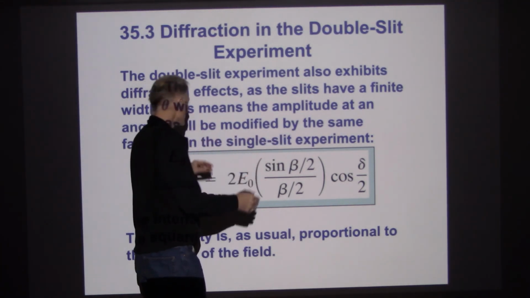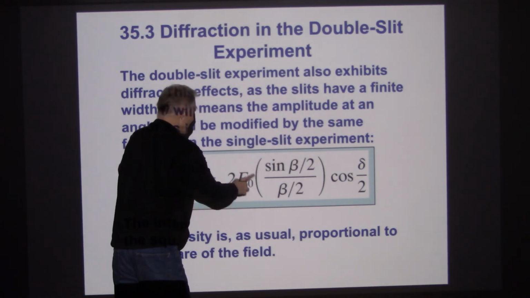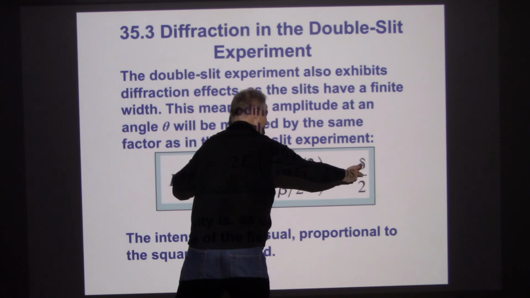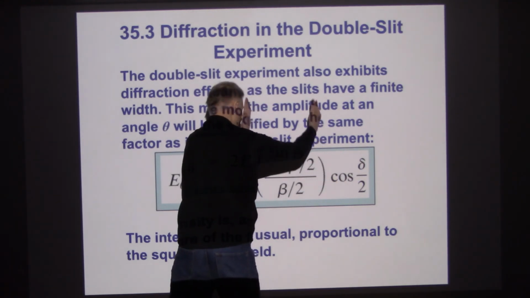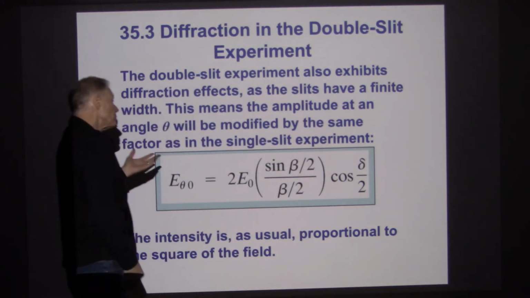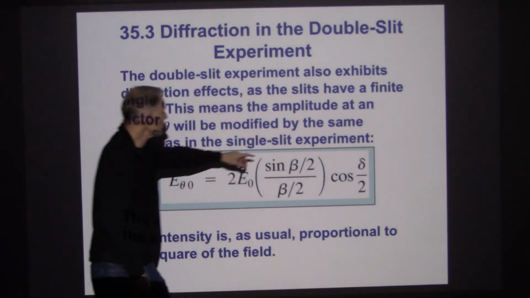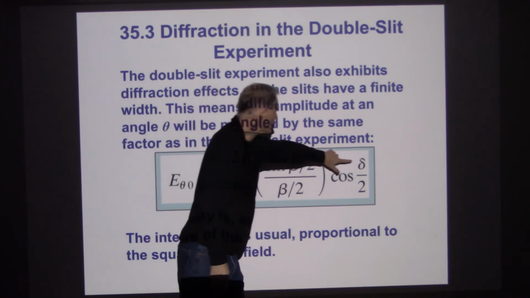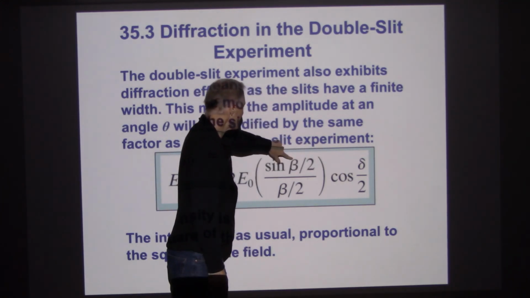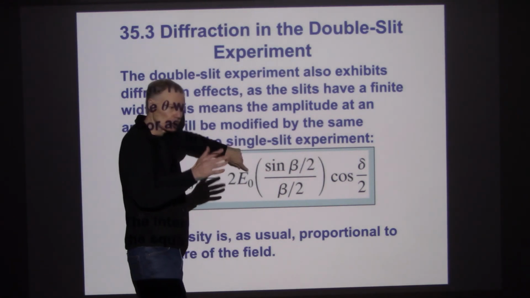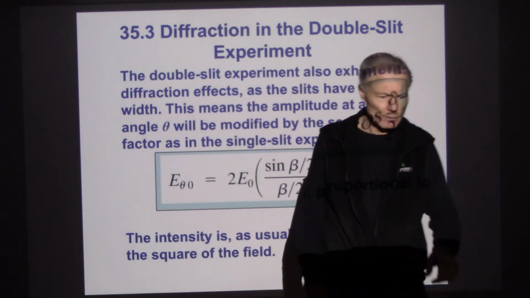This is kind of interesting. They took the two-slit effect, the 2 and the cosine, and put those on the outside, and then they put the diffraction effect down the middle. That's it. In the textbook's notation, they're using delta and beta as phase angles, and they're using E naught as the amplitude for each slit.